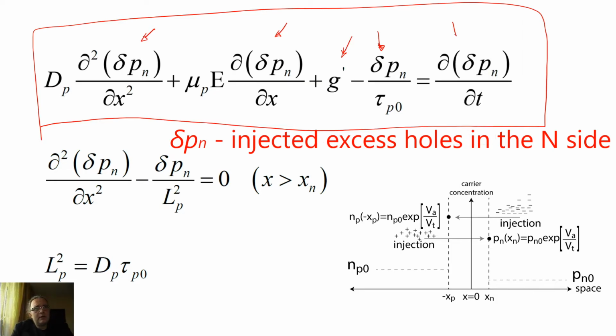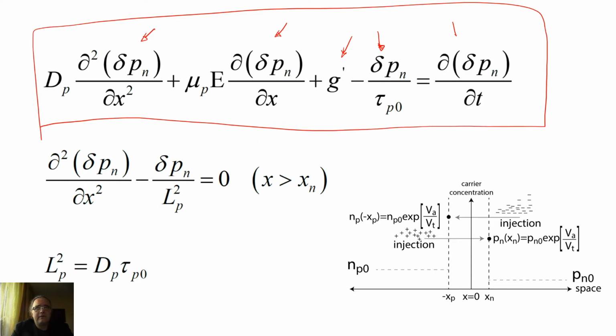We consider now a special case, and in this special case we can simplify the ambipolar transport equation very much. The first thing is that we will consider steady state, and steady state means that there are no dynamics. So we connect a DC voltage source from the outside, and it settles to a certain steady state condition for which a constant amount of charge is continually injected from one side to the other side, which actually constitutes the DC current.